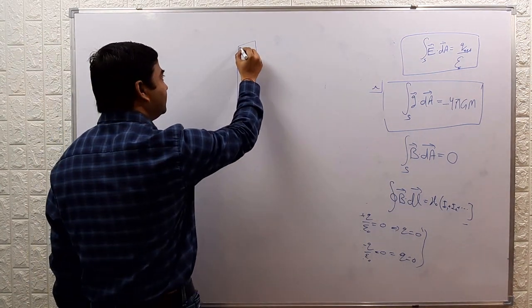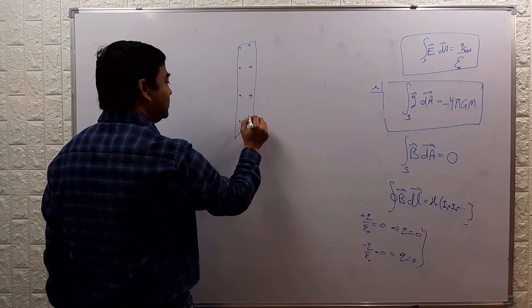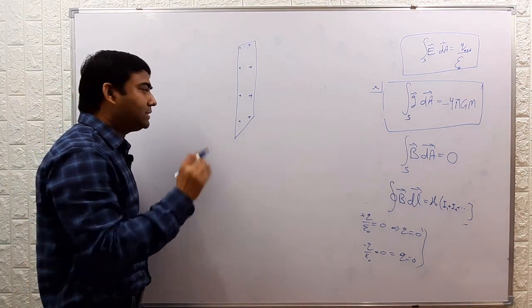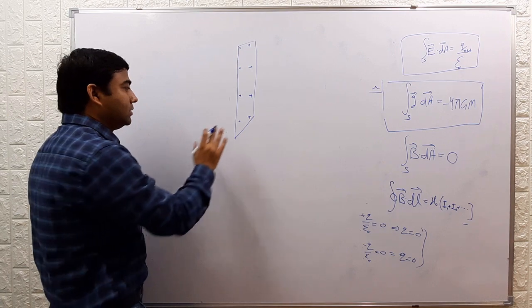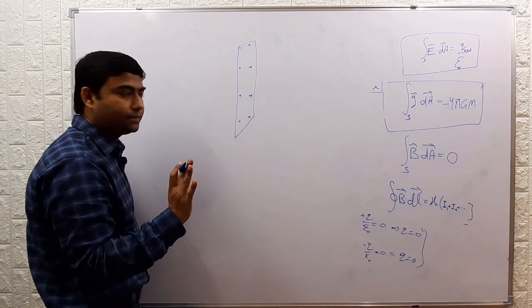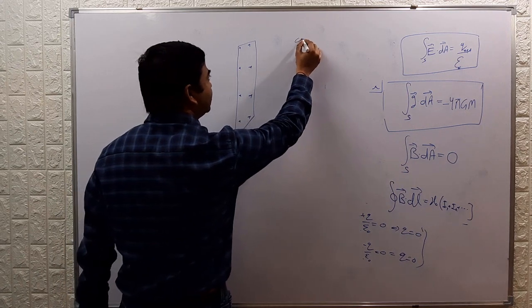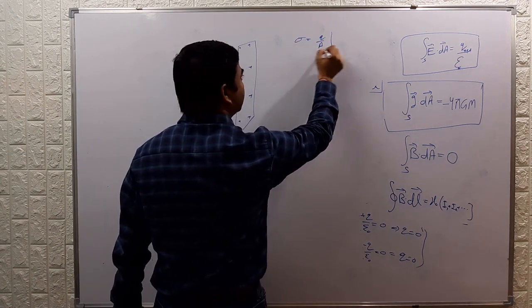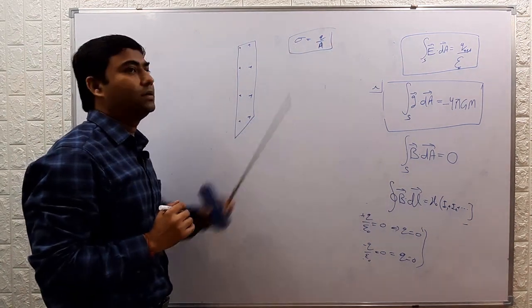Only plus Q charge is distributed in a sheet which has almost zero thickness. The sheet thickness is negligible and the sheet has a surface charge density sigma, which is Q by A.